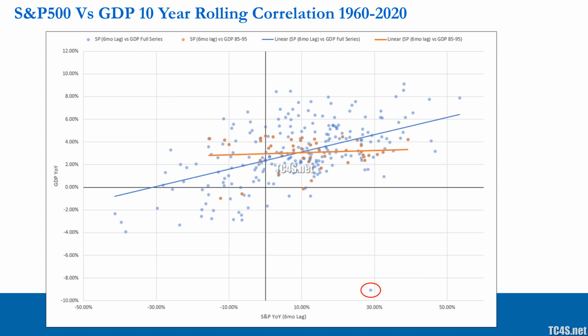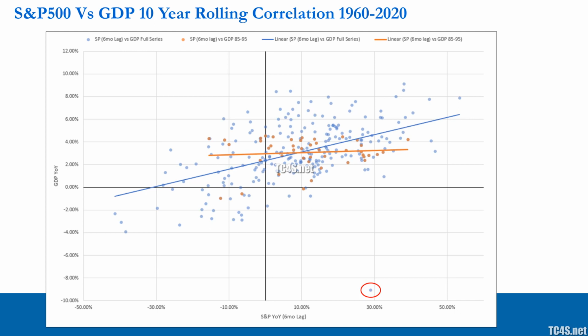If you look at the top left quadrant, what is that telling us? Well, the top left quadrant is the scenario where GDP year-on-year percentage is up. However, S&P 500 year-on-year returns with a 6-month lag is reported down. What happens when we look at the bottom right quadrant?